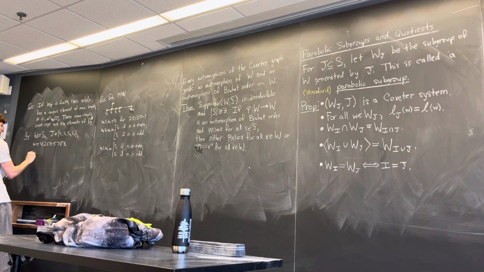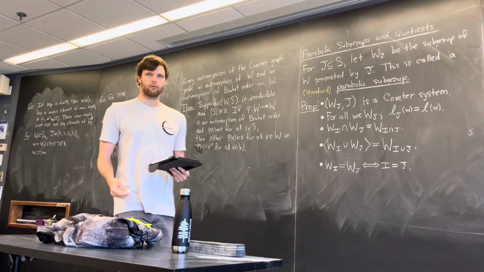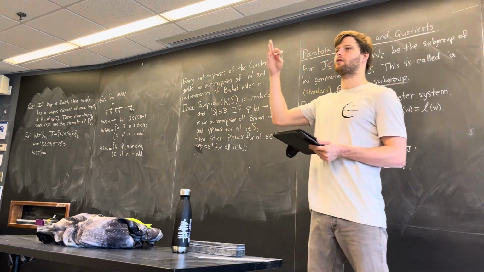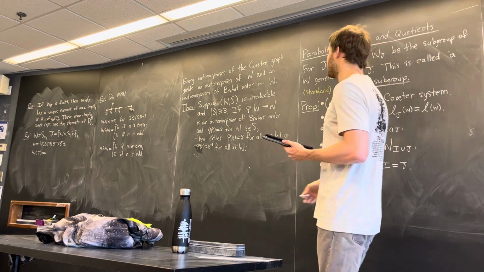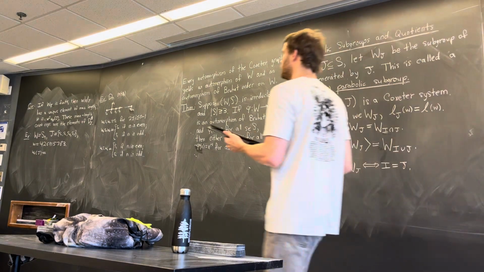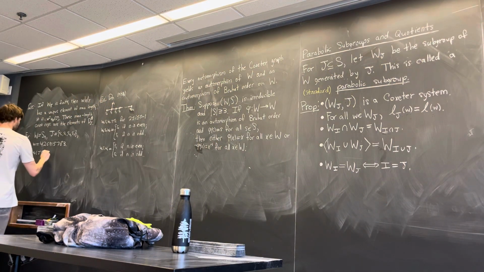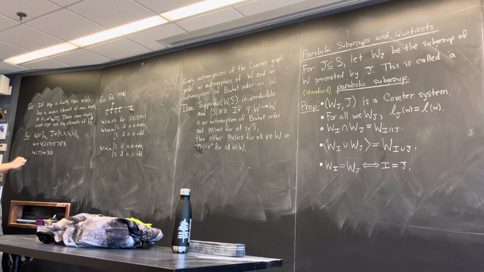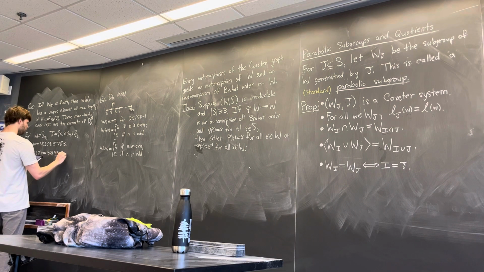So in this case, W naught of J, the long element of this parabolic subgroup, well, basically, I should try to put everything that I can in decreasing order. I sort of have these blocks that I'm allowed to permute, and I just put everything that I can in decreasing order there. So this should be 3, 2, 1, and then 5, 4. So here I put this in decreasing order, this in decreasing order, and then 6, I can put the 8, 7 in decreasing order, and then 9.